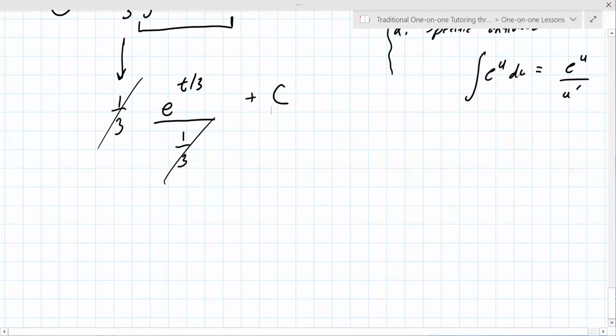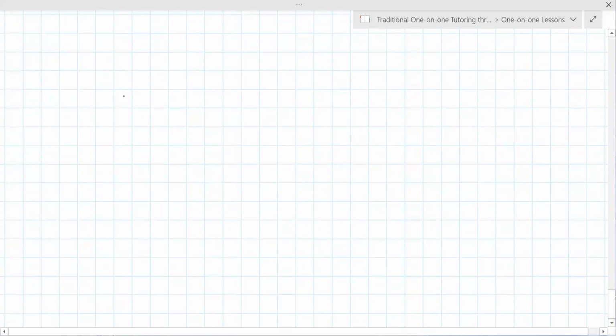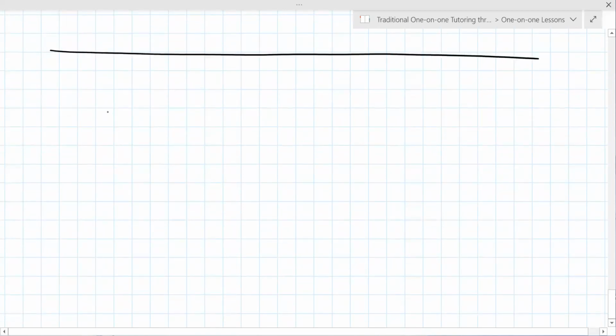So let's try another one. Maybe just a minor variation on that. Let's go 1/2 integral e to the 2t dt.